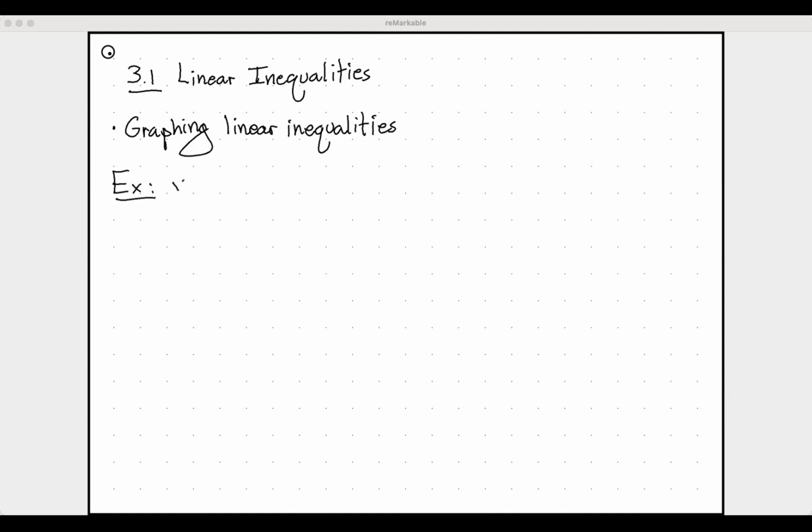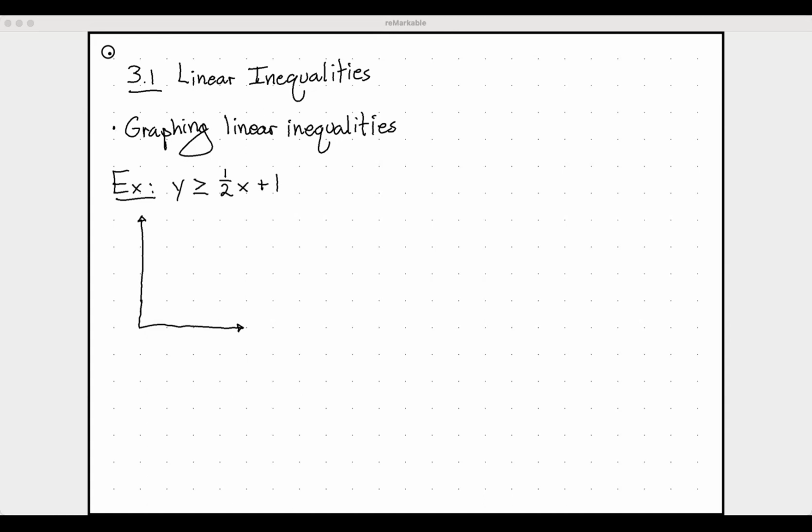The first one I'll start out with is something that looks linear. All right, so this would just be a normal line, except I have the inequality greater than or equal to here. So whenever you graph one of these, just graph it like a normal line, as if we were assuming an equal sign instead of a greater than or equal to sign.